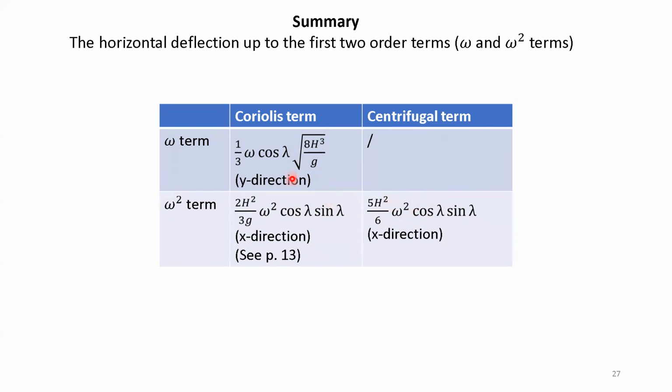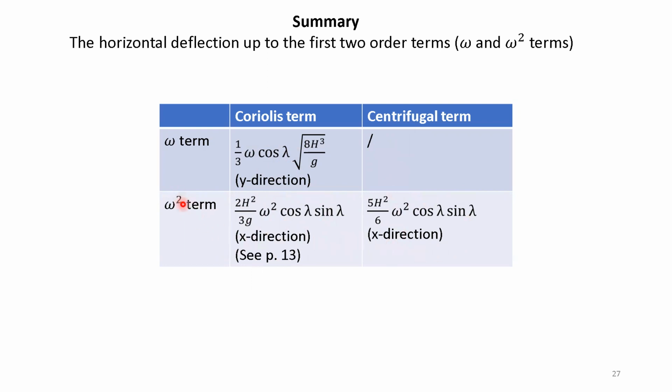Therefore, when you want to get better and better corrections when solving the equation of motion, you cannot just keep the Coriolis term anymore. Once you get the second order Coriolis correction, that is already comparable to the centrifugal correction.